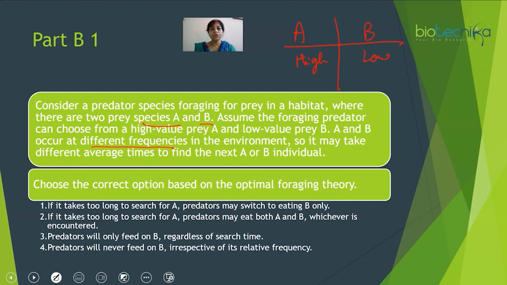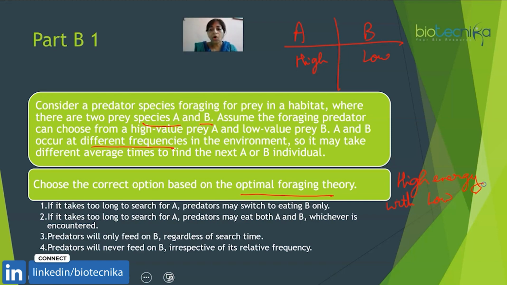Now for this, we should be very clear with what is optimal foraging theory. So according to this optimal foraging theory, it says that an individual will try to get a food that will give it high energy with low energy spent on acquiring it. Okay, so with low effort, you can say, right?